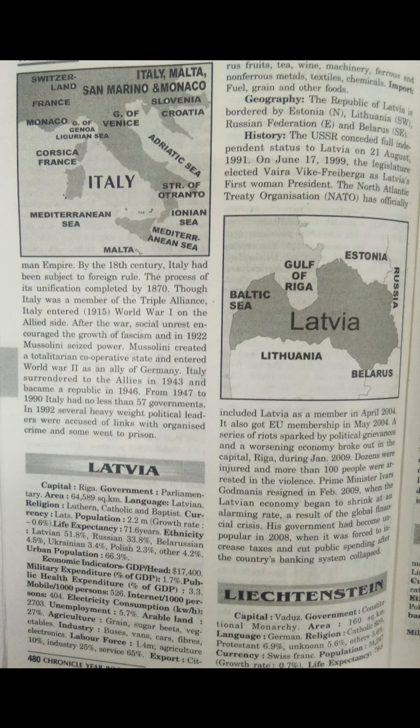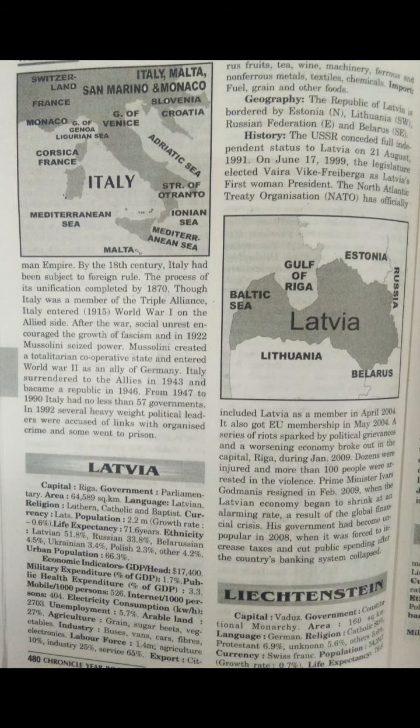On June 17, 1999, the legislature elected Vaira Freiberga as Latvia's first woman president. The North Atlantic Treaty Organization (NATO) officially included Latvia as a member in April 2004. It also got European Union membership in May 2004.